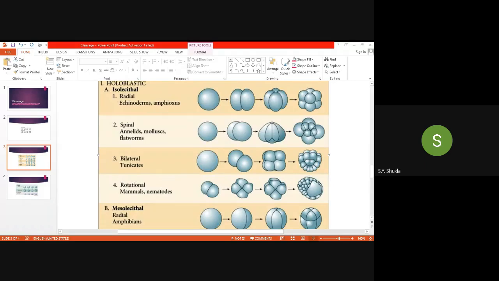Okay, then the third one is the bilateral cleavage. Bilateral cleavage is where the axis is not from the animal pole to the vegetal pole. It is shifted to one side. All of you can see here, the cleavages take place here. It is not from the animal pole to the vegetal pole. It is not perpendicular or parallel.